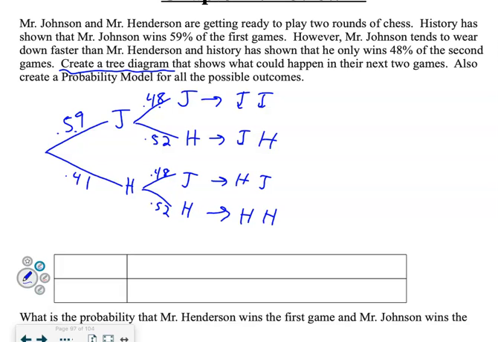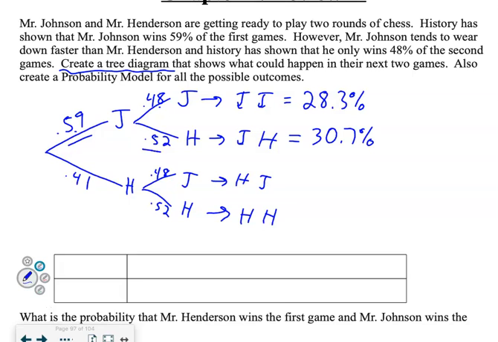So go ahead and grab your calculator. We need to figure out what 0.59 times 0.48 is, and then round it to the 10th of a percent. And so I believe we are going to get 28.3%. The next one, Mr. Johnson wins the first one, Mr. Henderson wins the second one. That scenario has a 30.7% chance, and that's the same thing.